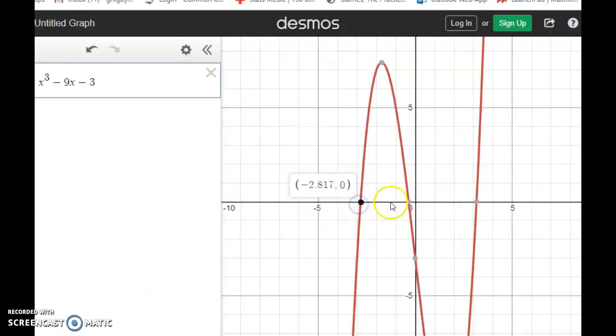All right, so it just jumped over here. And we can figure out these values, give or take. Remember, we like rounding to 3 decimal places.